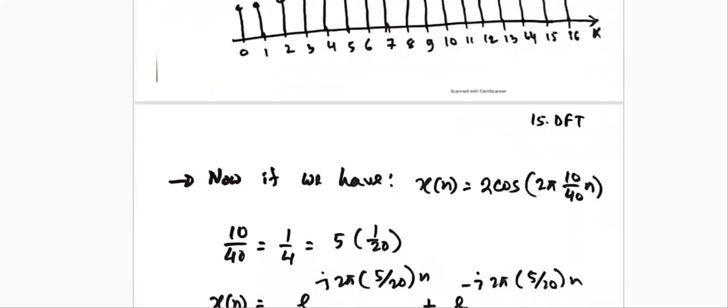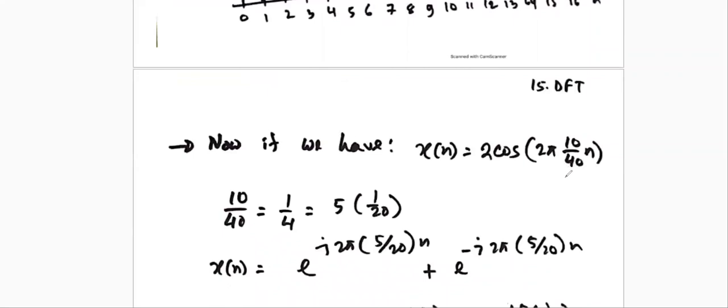Now you can find that if we take N equals even 20, then what values are we getting? This one, 10/40, is equal to 1/4, isn't it?